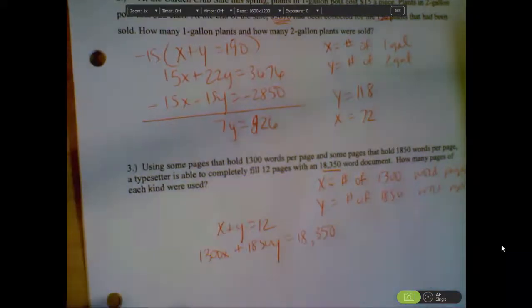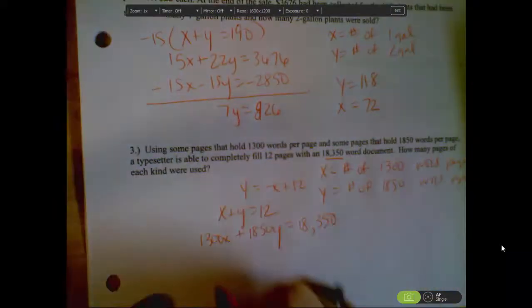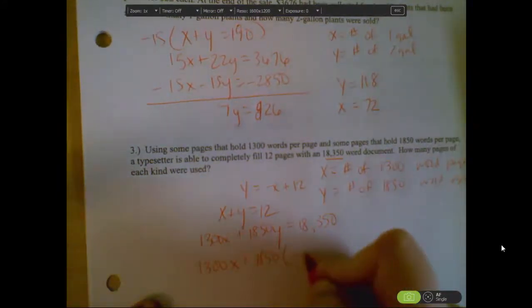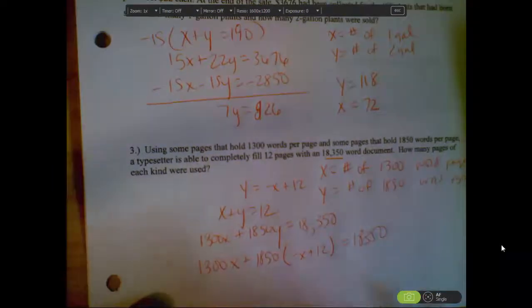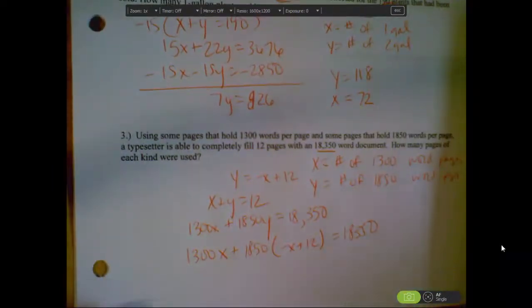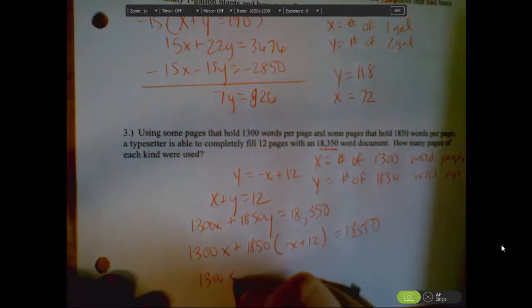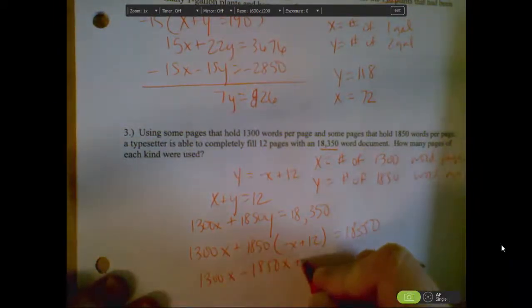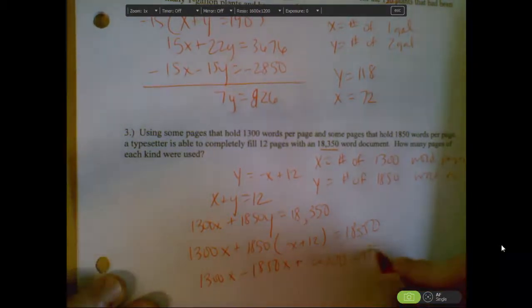18,350 words. Let's do substitution on this just to mix it up. Y equals negative x plus 12. So 1,300x plus 1,850 times negative x plus 12 equals 18,350. And then 1,850 times 12. So 1,300x minus 1,850x plus 22,200 equals 18,350.